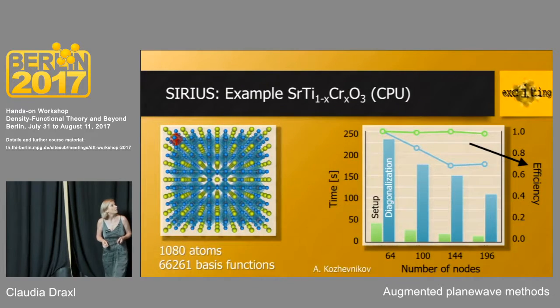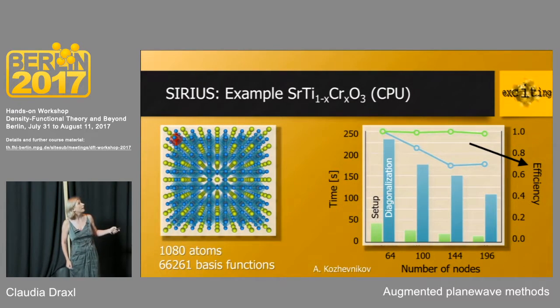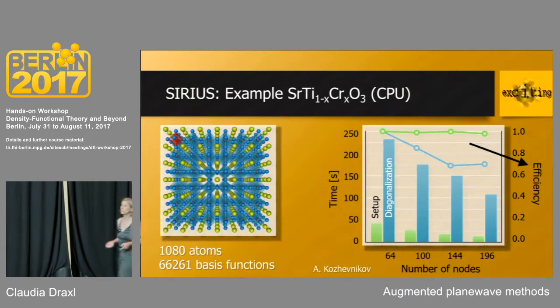And just to show you here, this is an example for a structure with more than 1,000 atoms and 60,000 basis functions, where we really get a tremendous speedup and a very good efficiency also for large cell sizes.